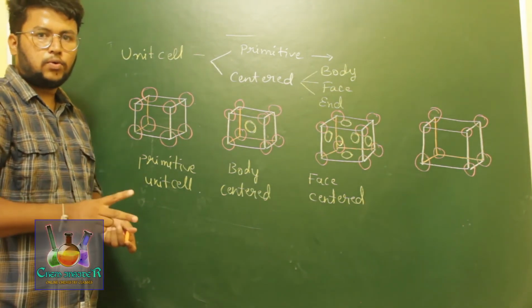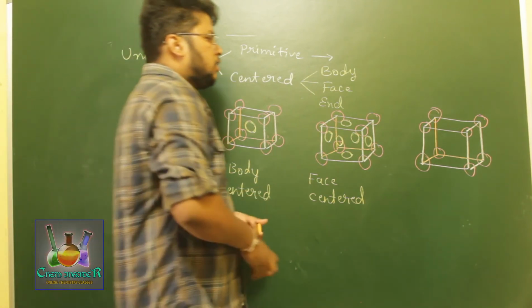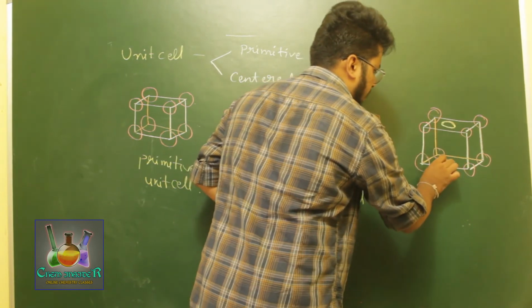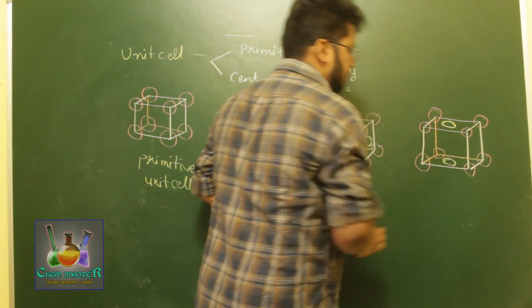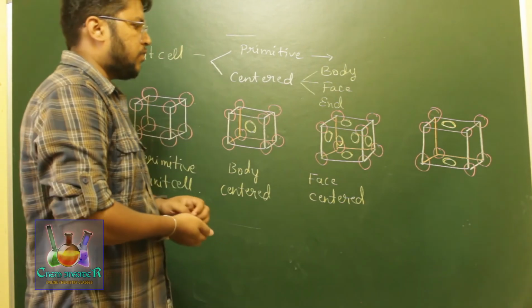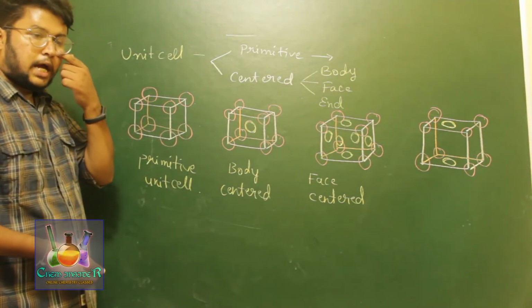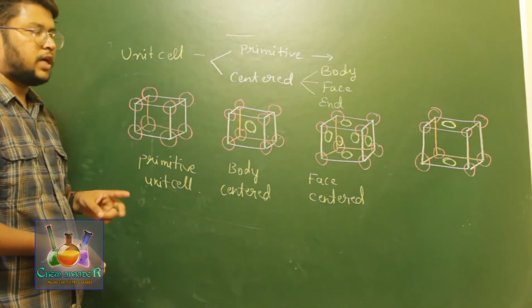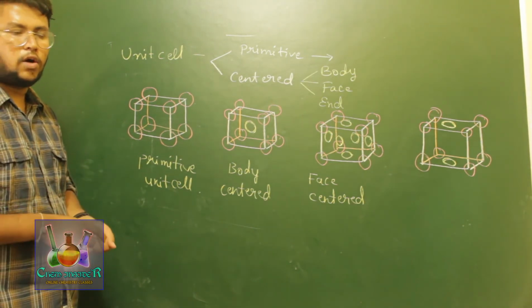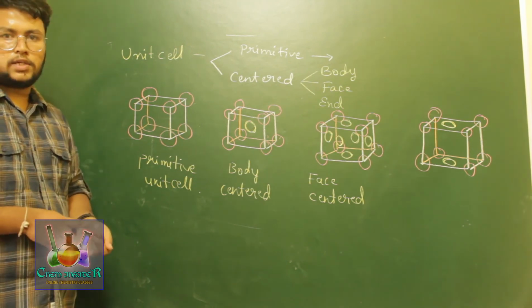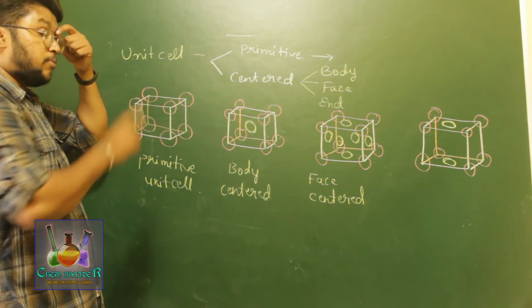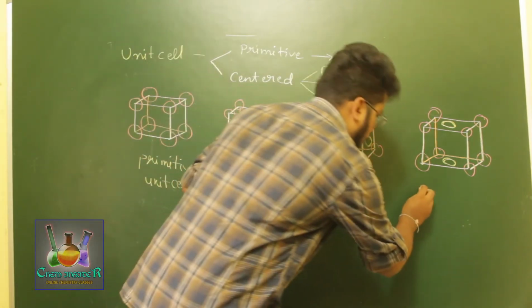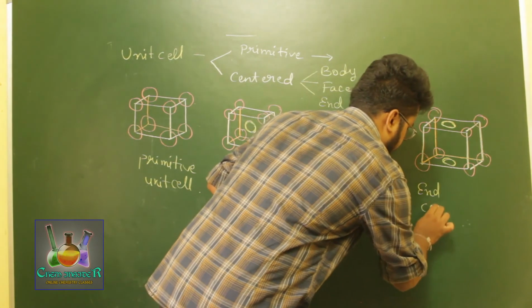It should be any 2 opposite faces only, not others. So if we consider the top face, it will have one more atom exactly at the center of the bottom face. This type is called an end centered unit cell.